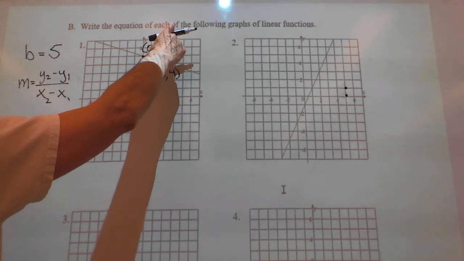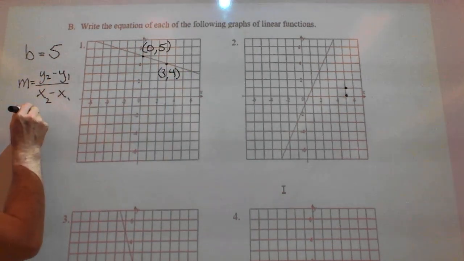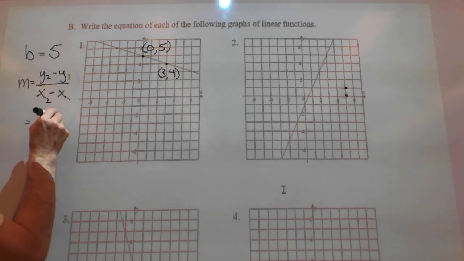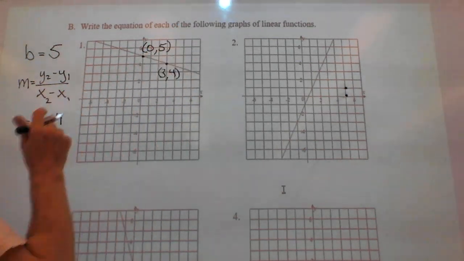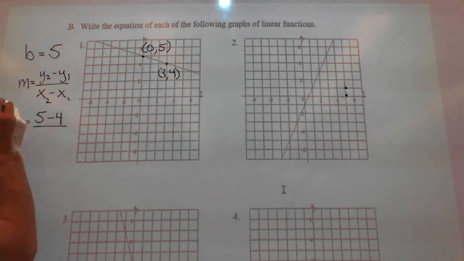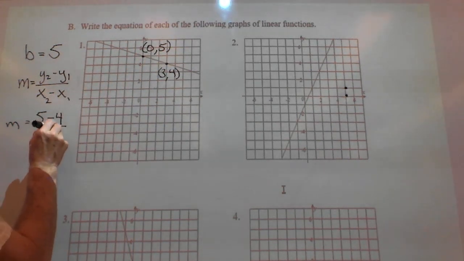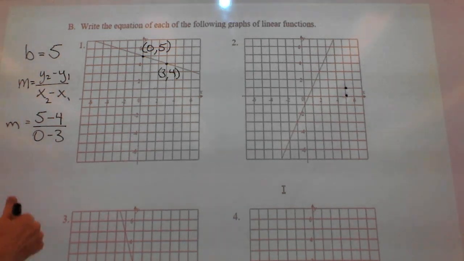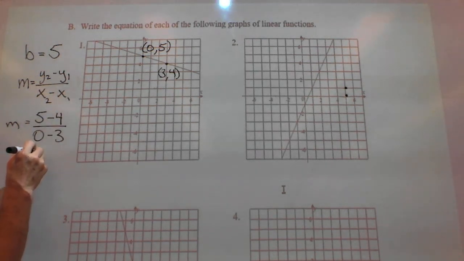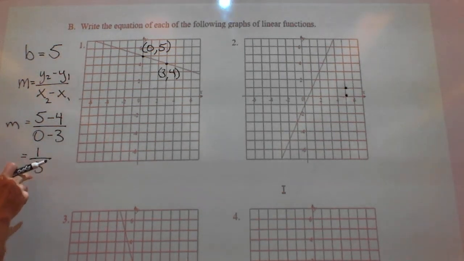We'll use this as our y2, so that becomes 5 minus 4, right? y2 minus y1 over 0 minus 3, x2 minus x1, which gives us 5 minus 4 is 1, 0 minus 3 is negative 3. So that tells us the slope of this line is negative 1 over 3. Okay?